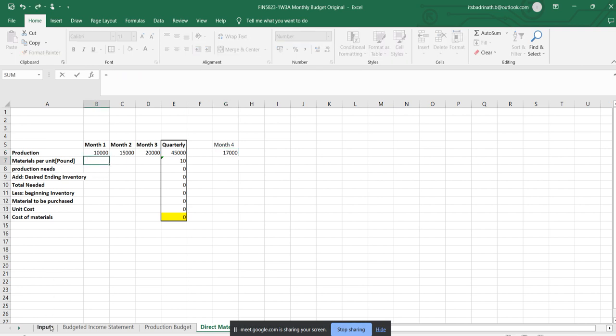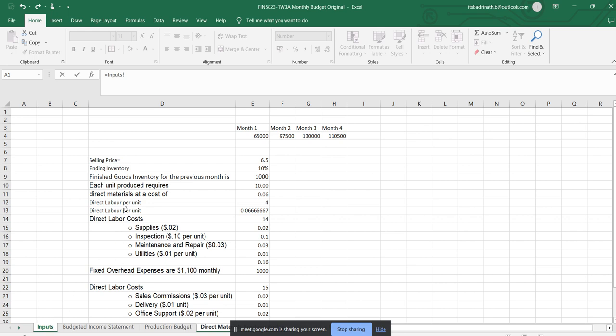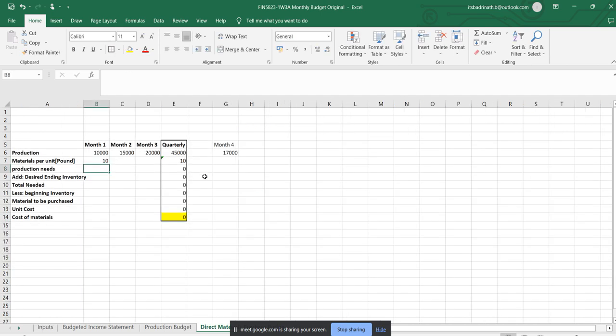This is equal to material per unit cost. That is the cost is this one. Units produced 10. So to generate each unit of the product, we require 10 materials. Okay, so this is 10. We need to give the same values here. We can do it in two ways. We can use this option, equal to this.